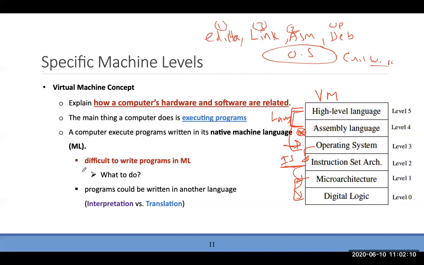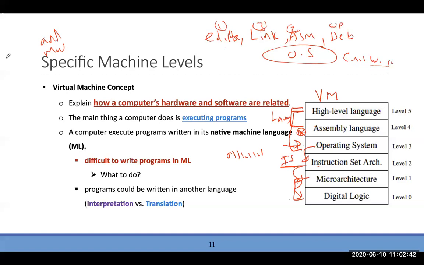Okay, so the question here is, why don't we just write our programs right away using the instruction sets? That's going to be difficult, right? It's very hard. It's difficult to write programs in machine language because you have to be really good at writing zeros and ones, and we are not good at remembering numbers. So we use symbols, and that's why we have our own language. And even in assembly language itself, you see that we are using add and we are using move, so it's very close to human language.